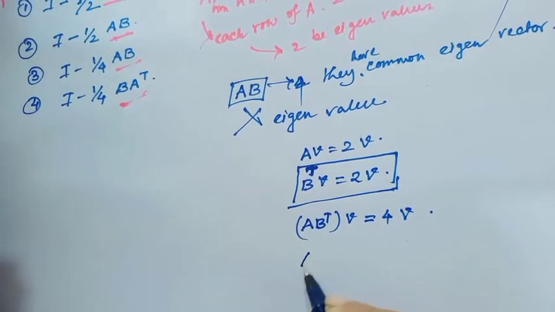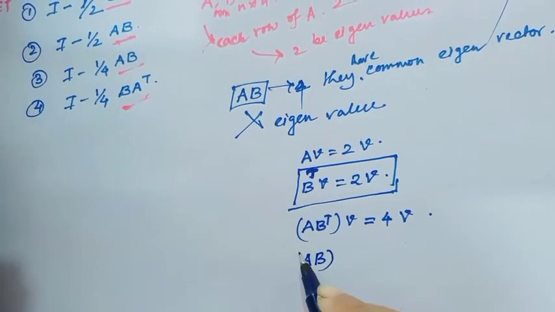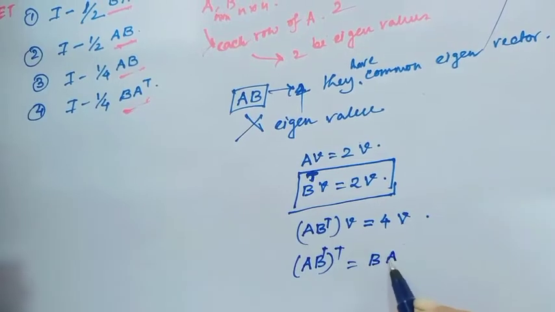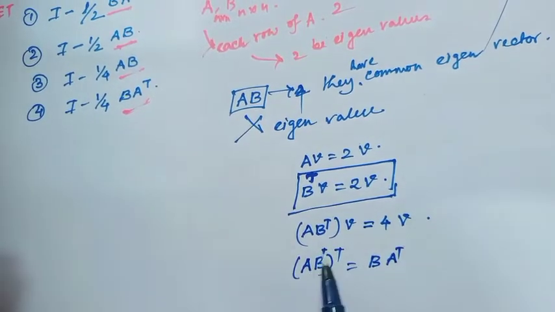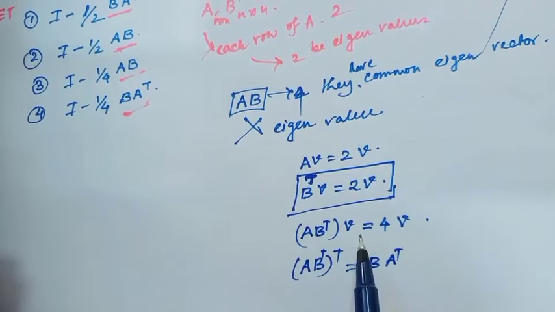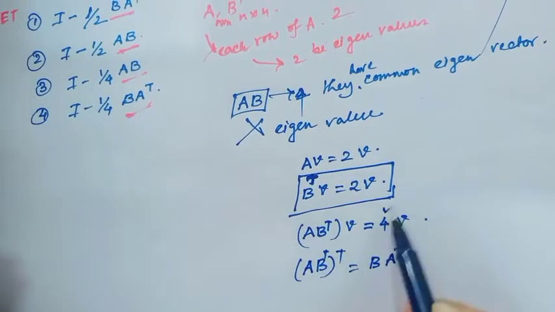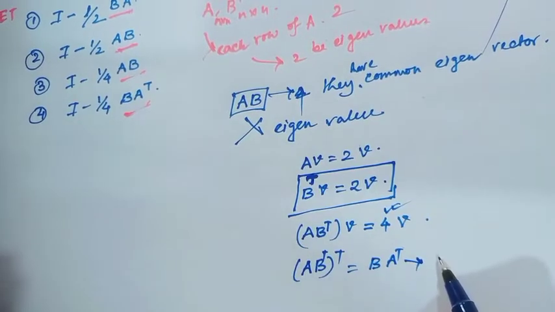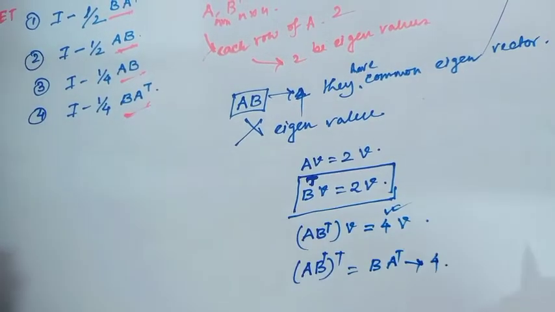Since we have A B transpose, just take the transpose again, then this would be BA transpose, and we all know if A B transpose has an eigenvalue 4, then obviously BA transpose also has an eigenvalue 4.